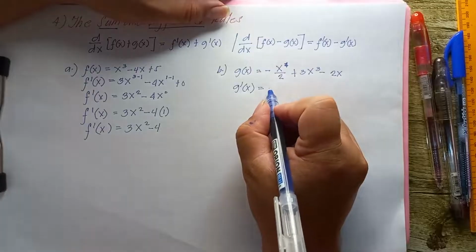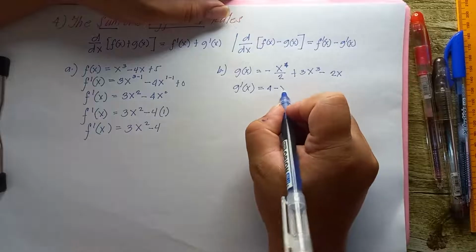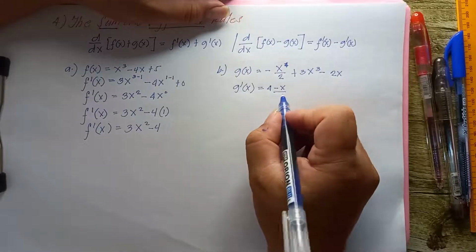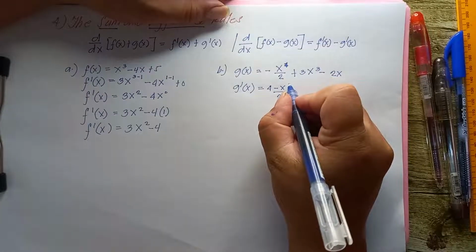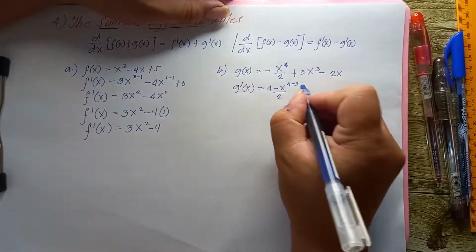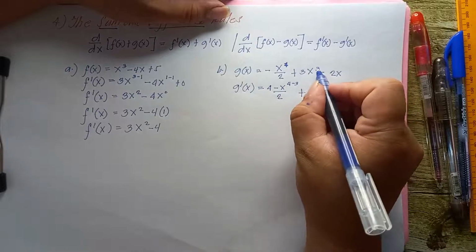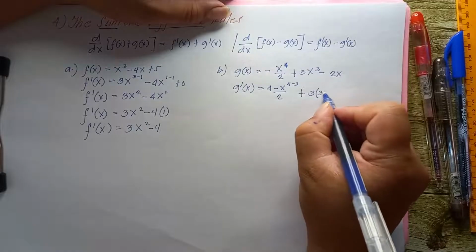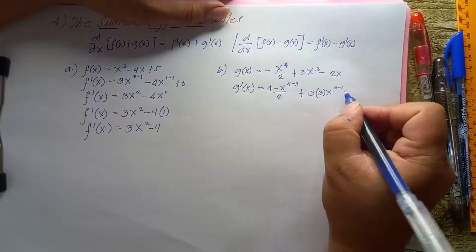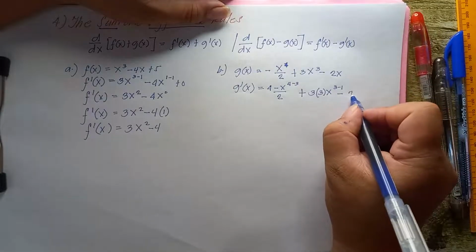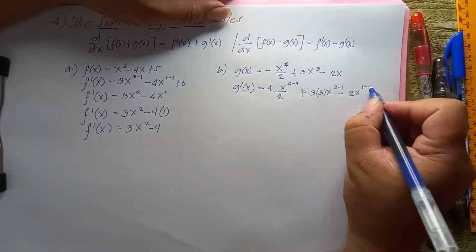So we have here 4 multiplied by negative x over 2, raised to 4 minus 1, plus 3 multiplied by 3x raised to 3 minus 1, and so minus 2x raised to 1 minus 1.